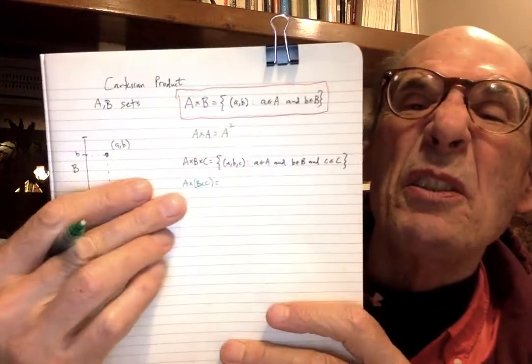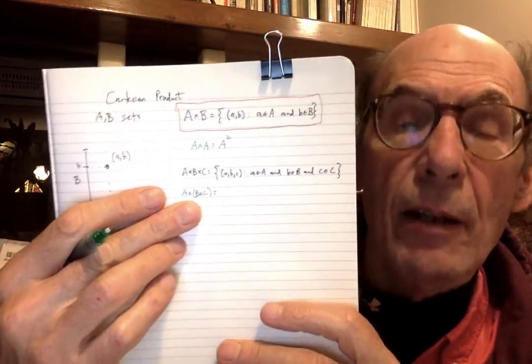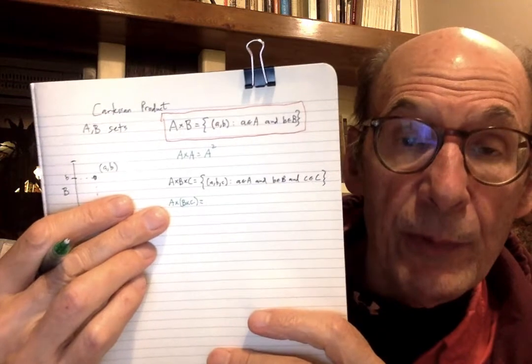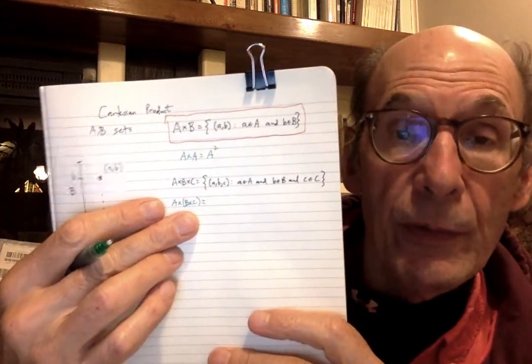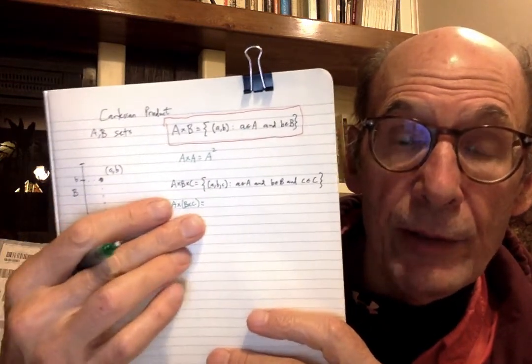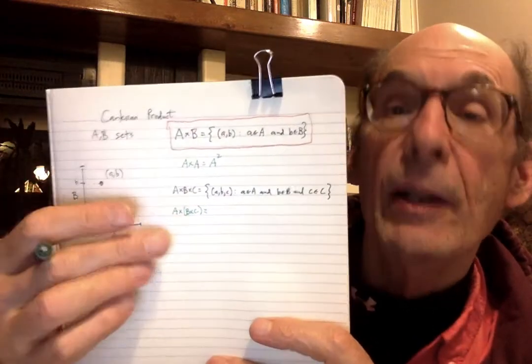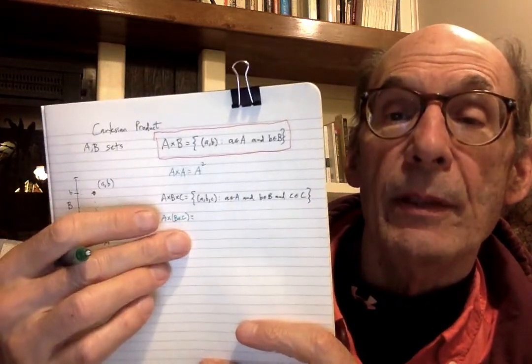So if we look at the following set, A cross (B cross C), where I've used some parentheses. And so this is a set of ordered pairs. The first one comes from A, and the second one comes from B cross C. I've constructed B cross C some other time, and now I'm picking some element of that.